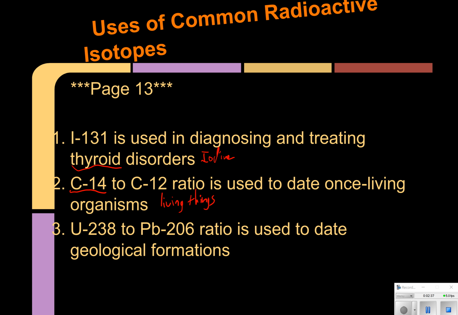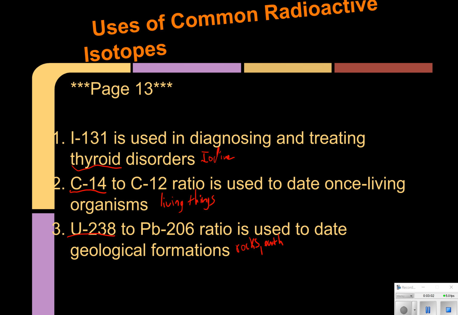Similar to the carbon-14 to carbon-12 ratio is the uranium-238 to lead-206 ratio, and that's going to be used in a similar manner to date geological formations. So when we see uranium-238, we want to think geological formations, rocks, or the earth itself, and how old that could possibly be.